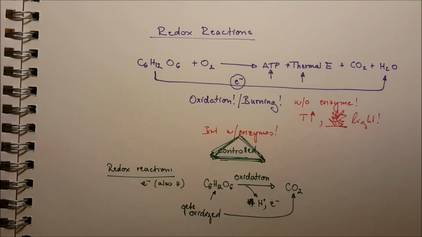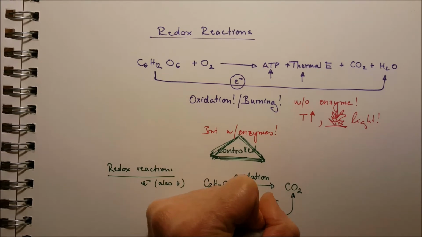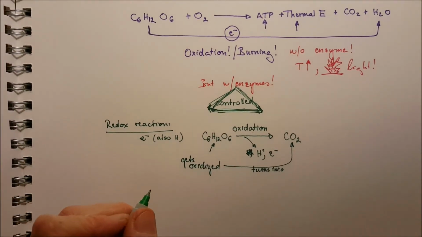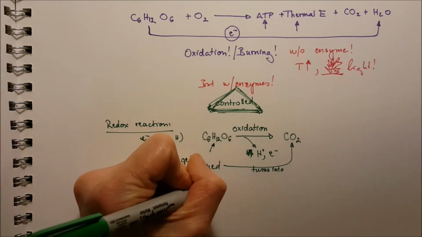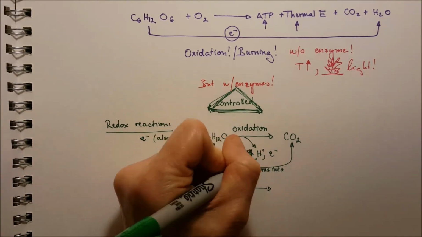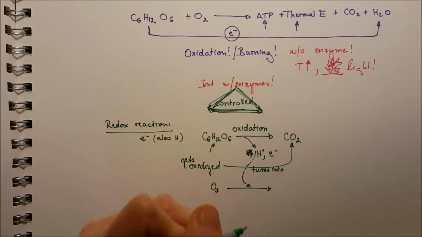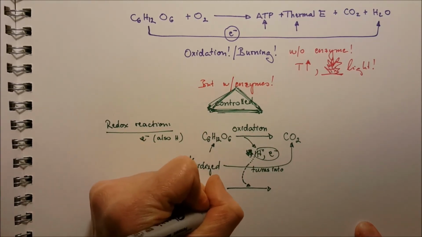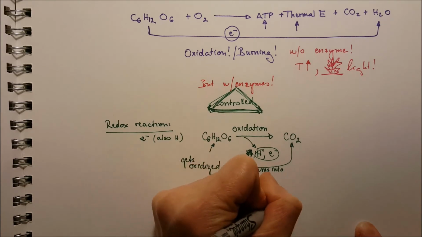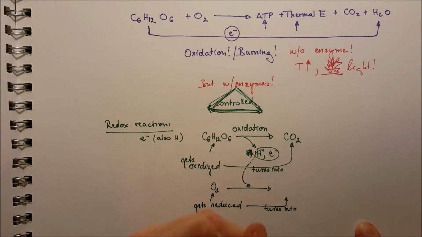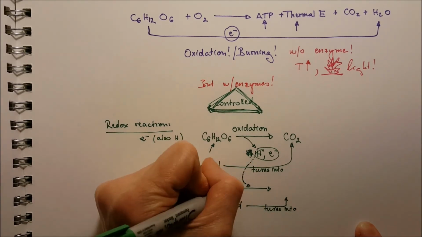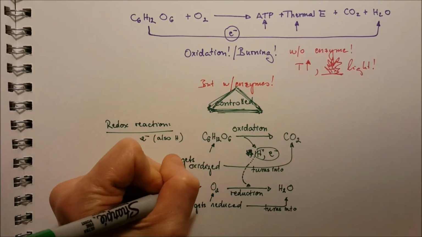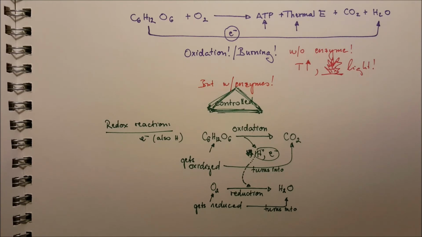The glucose gets oxidized and turns into carbon dioxide. Now, the oxygen, on the other hand, is going to receive the proton and the electron that the glucose gave up, and it turns into water as the oxygen gets reduced.